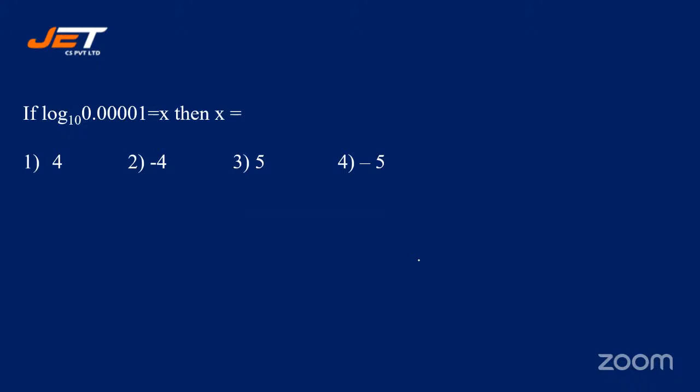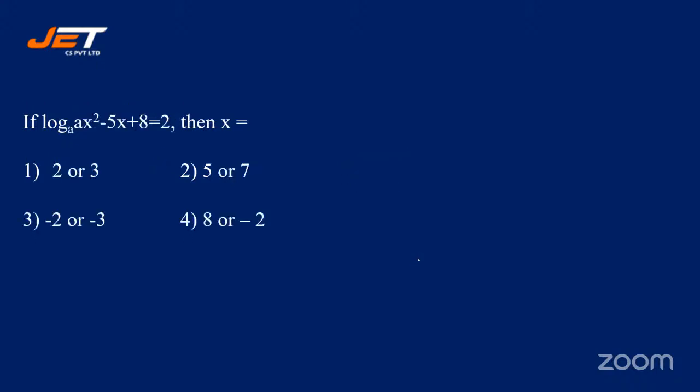So you have to write 0.00001 in terms of 10, in terms of fractions. Then it will be easy for us to find out the value of x. So the value of x would be -5. Correct. See the next question.